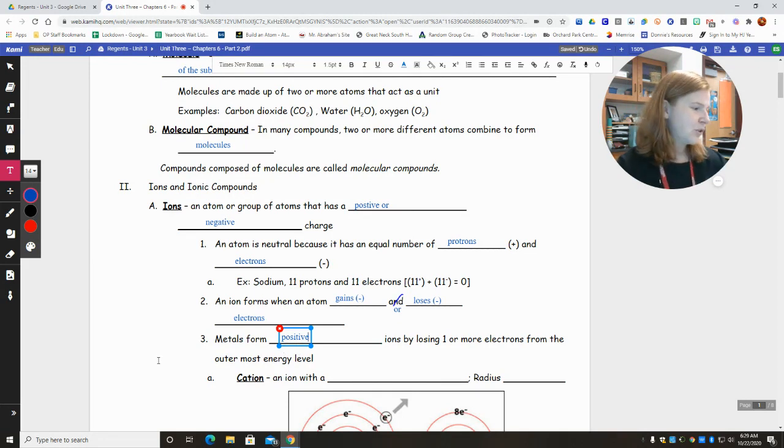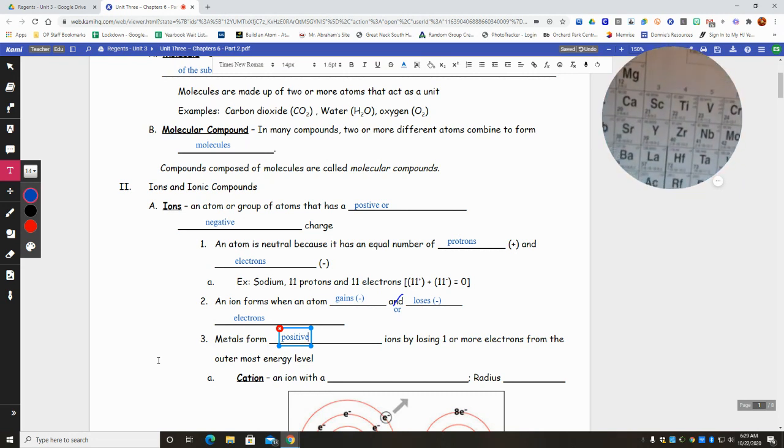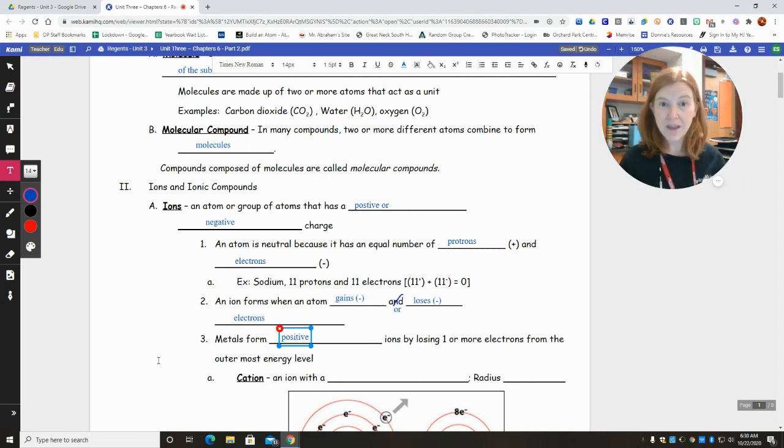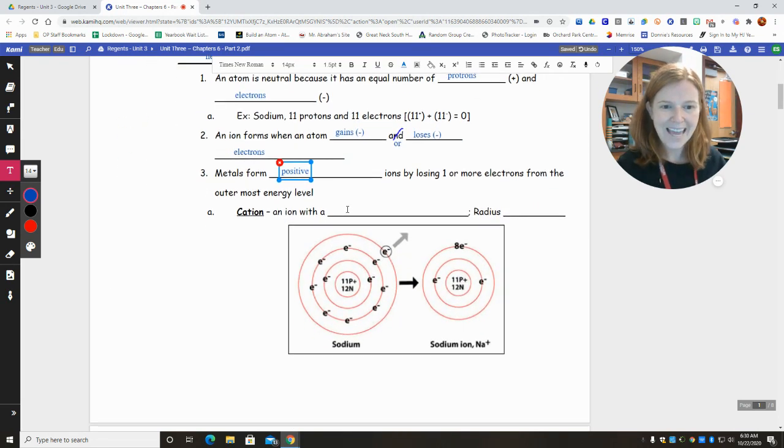We know this because if you look at your periodic table and you look at any of the metals and you look in the upper right-hand corner at their oxidation state, which is possible charges, they are all positive numbers. Why? Because metals lose electrons. This is known as being a cation, which is an ion with a positive charge.